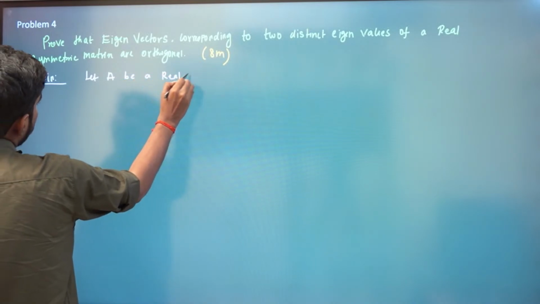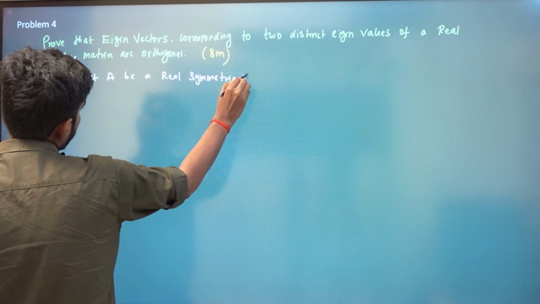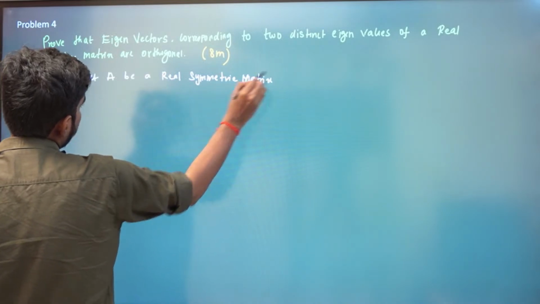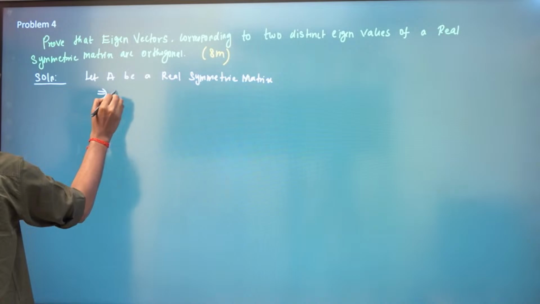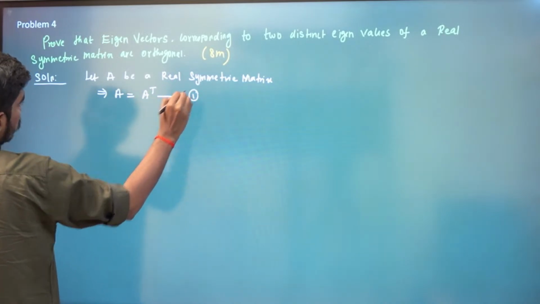Let A be a real symmetric matrix. That means, can I say A is equal to A transpose? Call this as 1.